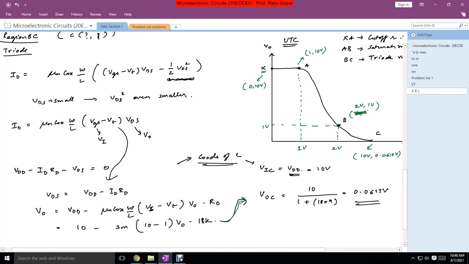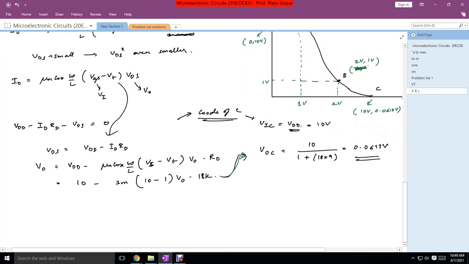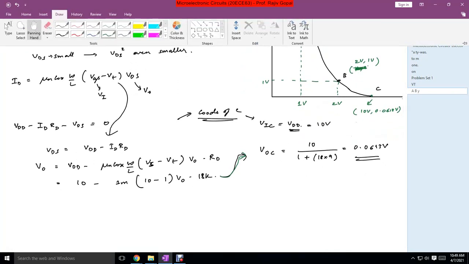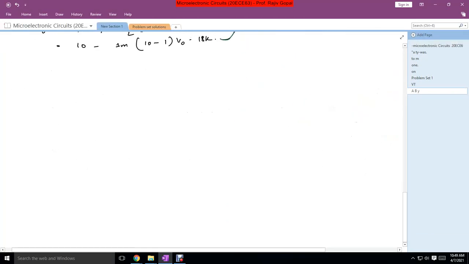Alright, finally let me select a Q point which is in the middle of the saturation region. Okay, then find what is the gain of that amplifier. Alright, so redraw this diagram again.